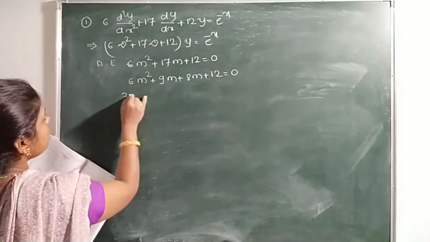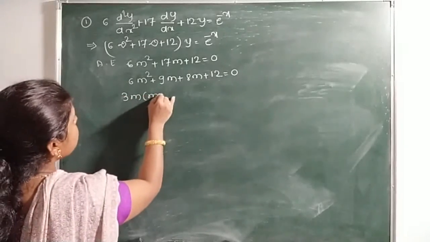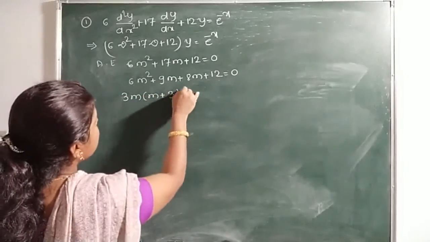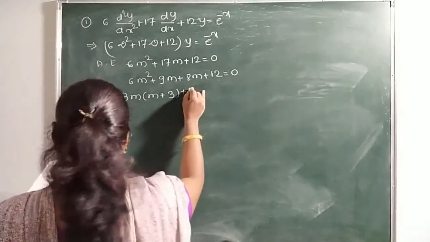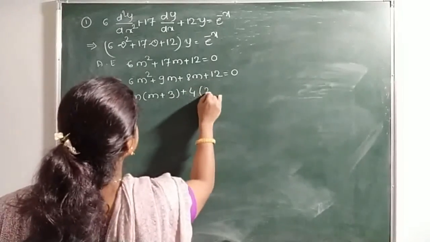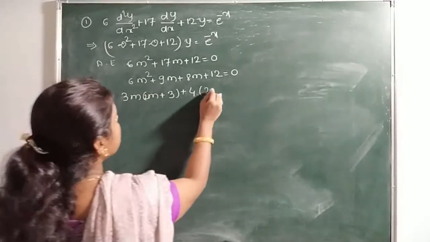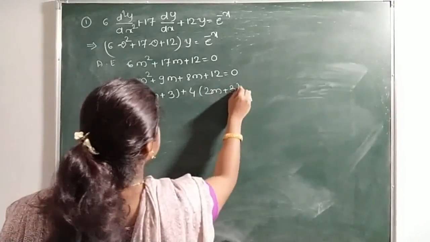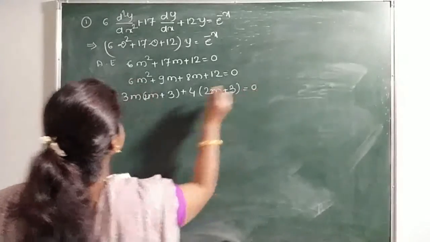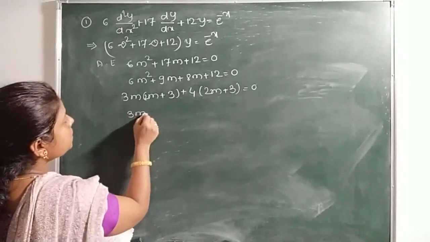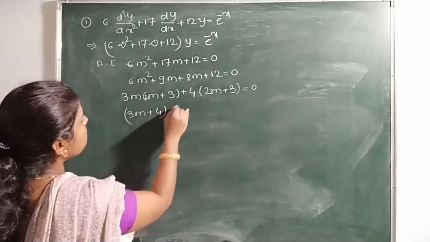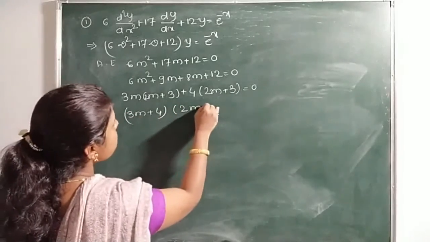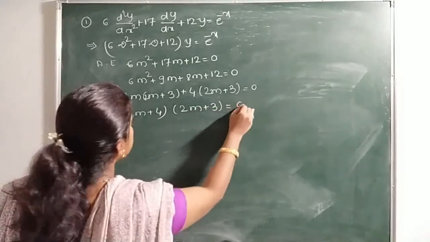Take 3m common from this: 3m plus 4, 2m plus 3 is equal to 0.